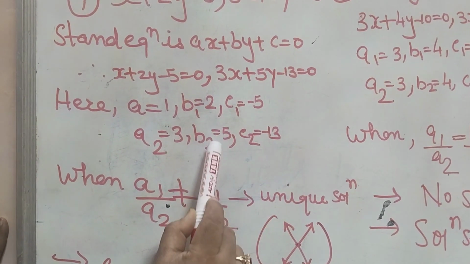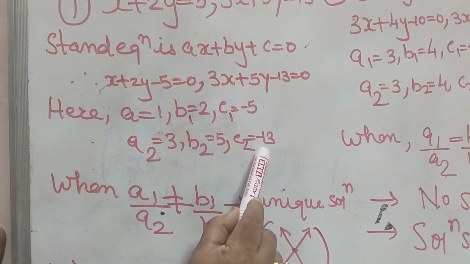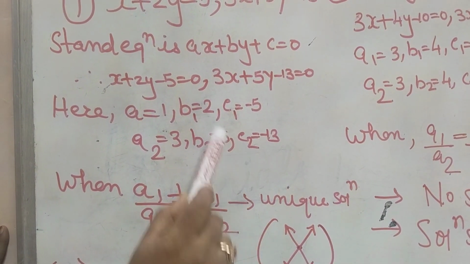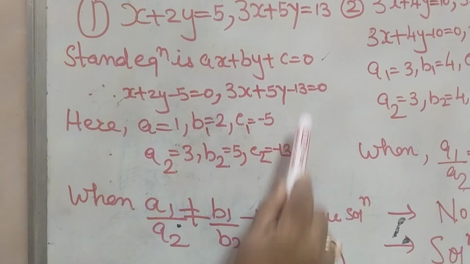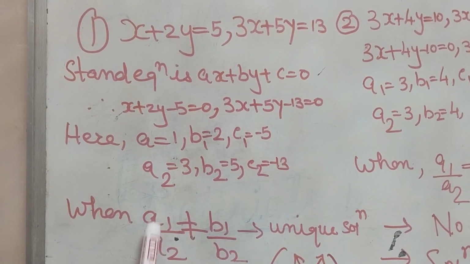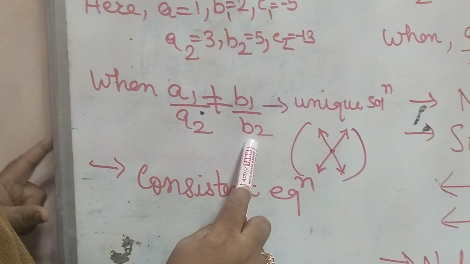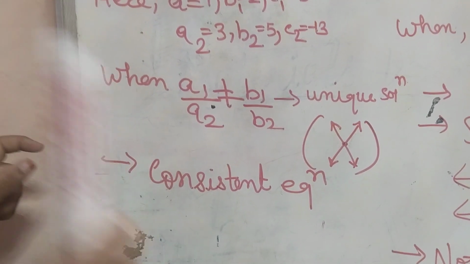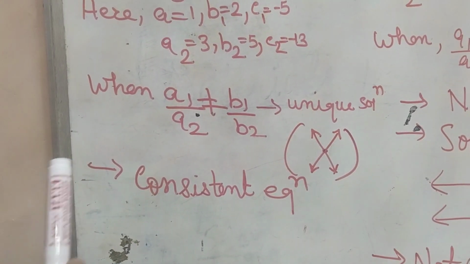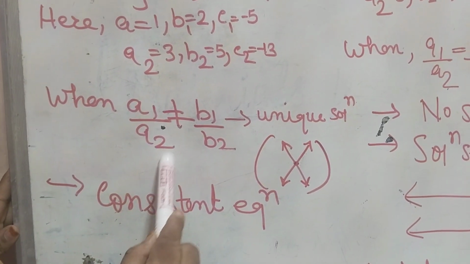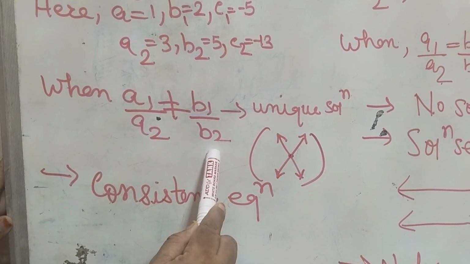What is b2? 5. What is c2? Minus 30. Now by checking this value, that is a1 upon a2, b1 upon b2, you will come to know the nature of the graph. If a1 upon a2 is not equal to b1 upon b2.